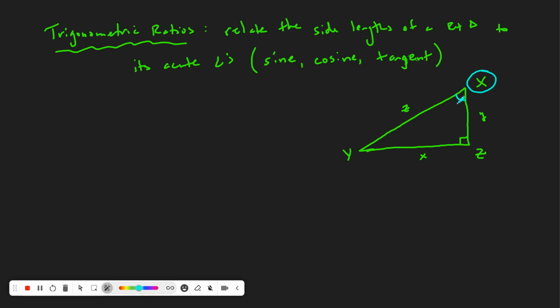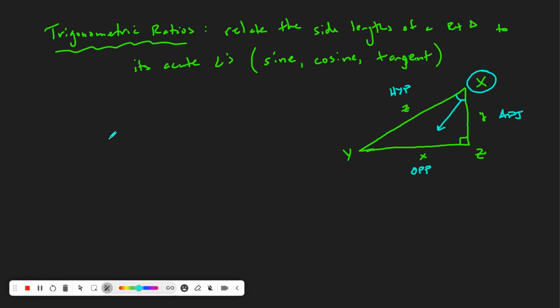The side opposite that angle, and notice I put the arc and then drew the arrow, is called the opposite side, OPP. The hypotenuse is still called the hypotenuse, HYP. The third side we call the adjacent side. It's the side next to the angle you're looking for, helping make the angle.